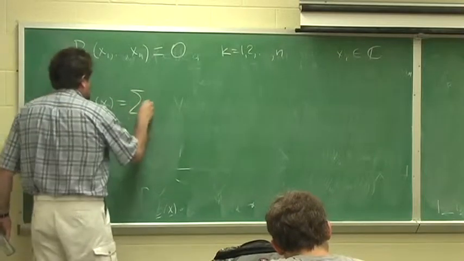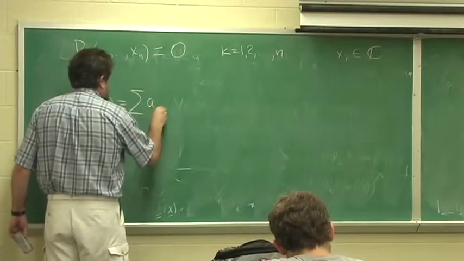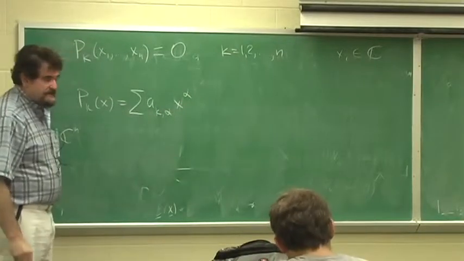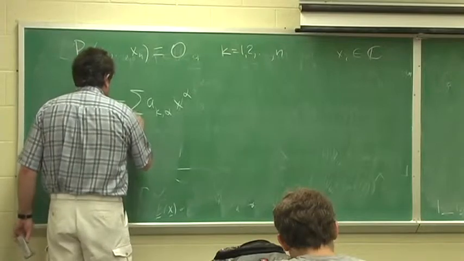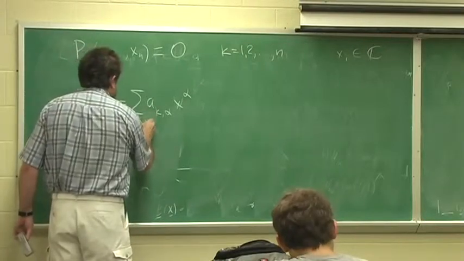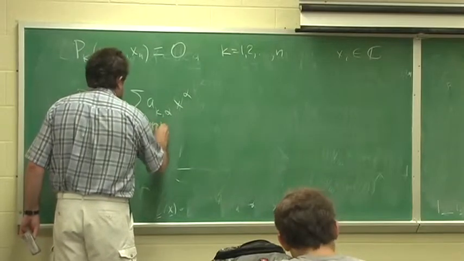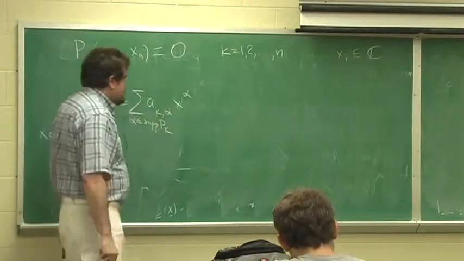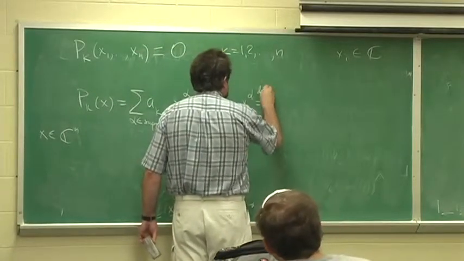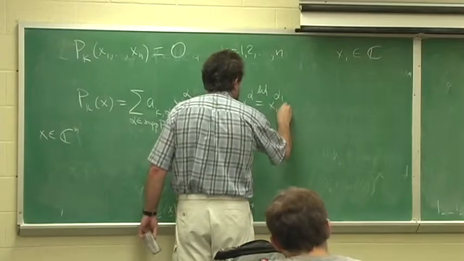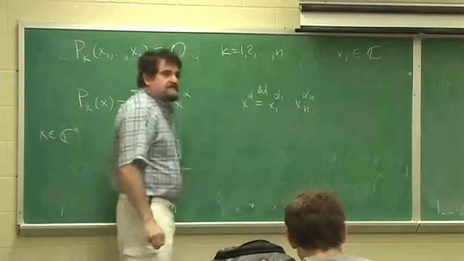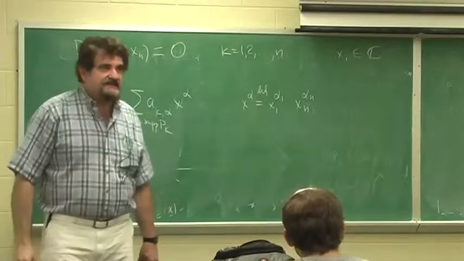It is the sum of a_k,alpha x^alpha, with alpha belonging to the support P_k, and I will explain this. X^alpha by definition is the following: x1 to the power alpha 1, up to xn to the power alpha n. So alpha is a multi-index.